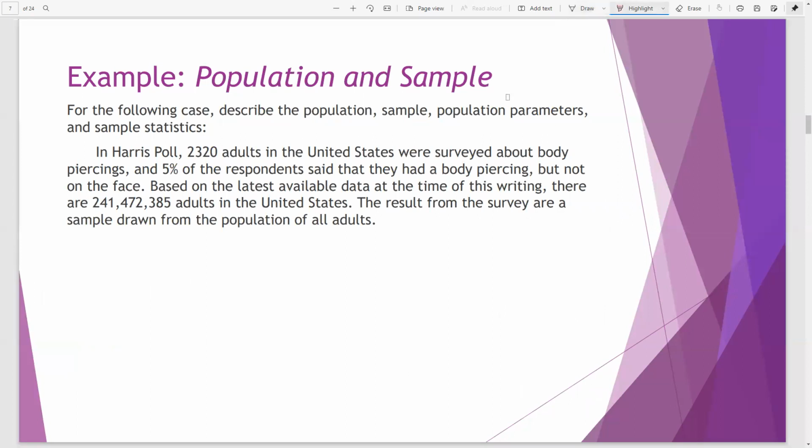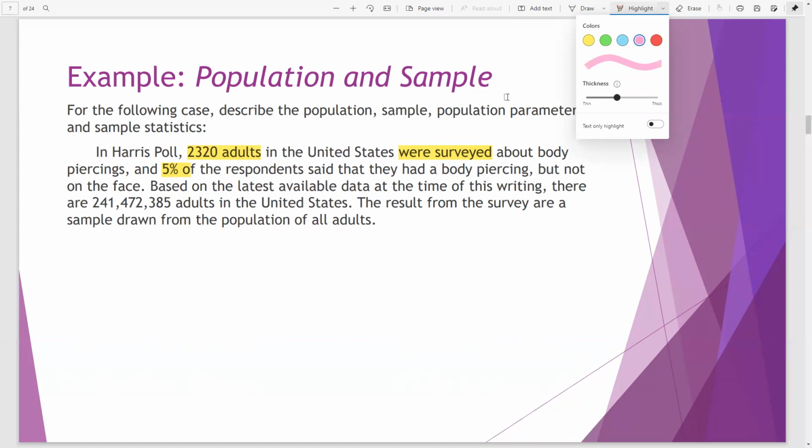All right, then the next one. Harris poll, 2,300 adults in the US were surveyed about body piercing. 5% of them responded they have body piercing, but not on the face. Right, so that's what the survey is about.